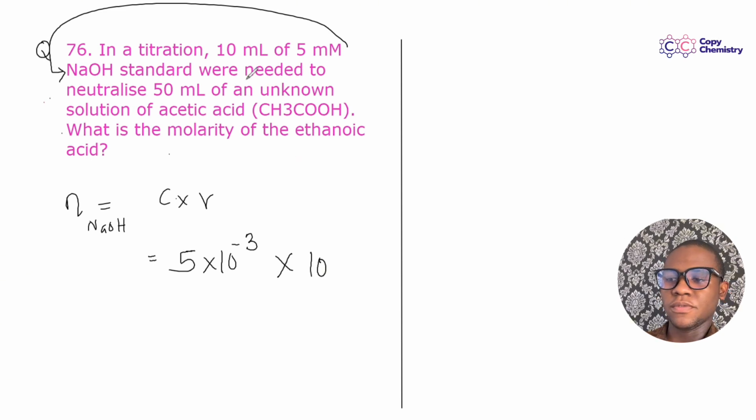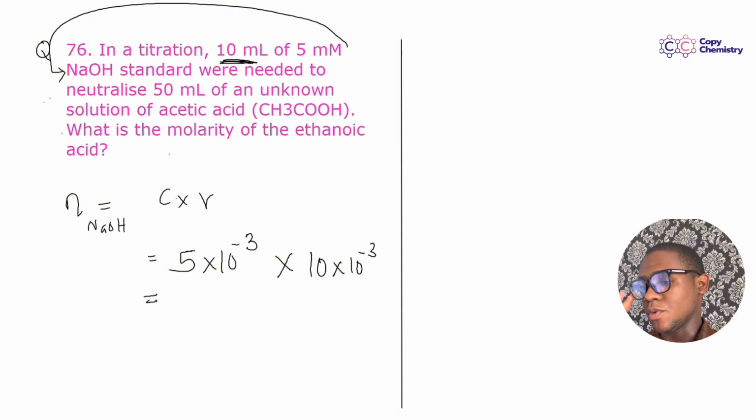That's the volume of the sodium hydroxide. So 10 ml means 10 milliliters. I can do this one again because of that milli there. Alright, so if I have this and I multiply it out, I'm going to get the number of moles of my sodium hydroxide in moles.